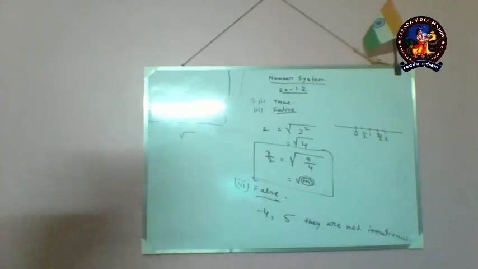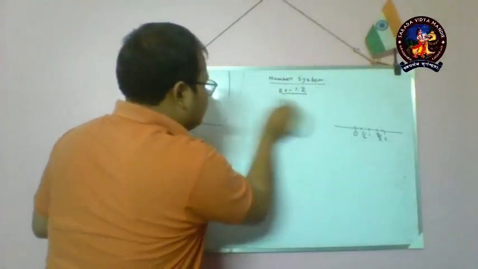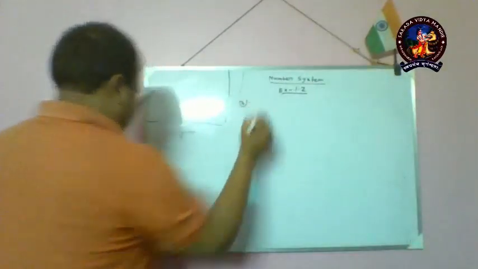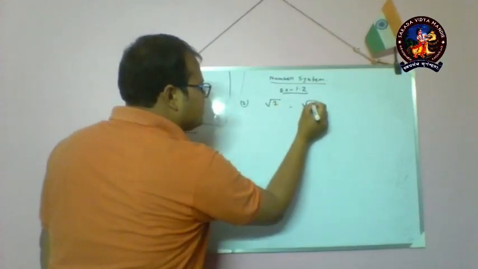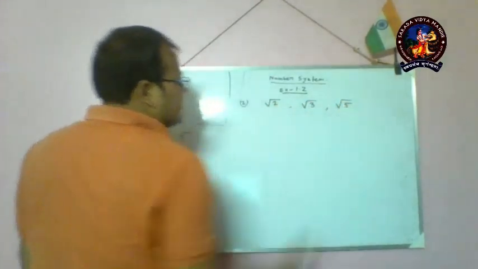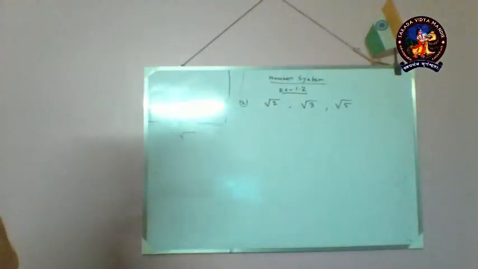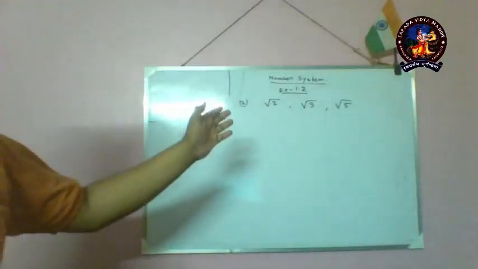Next, number 2. Are the square roots of all positive integers irrational? We have seen that the square root of 2, square root of 3, square root of 5, these numbers are irrational, where these numbers are positive integers.